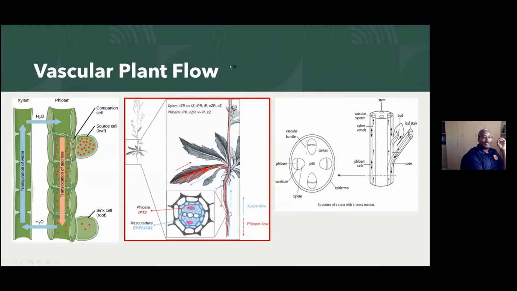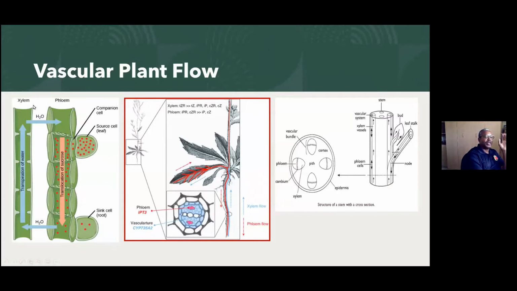When we talk about vascular flow, we're basically talking about how the tree funnels its nutrients, its water, its minerals, etc., throughout the plant.